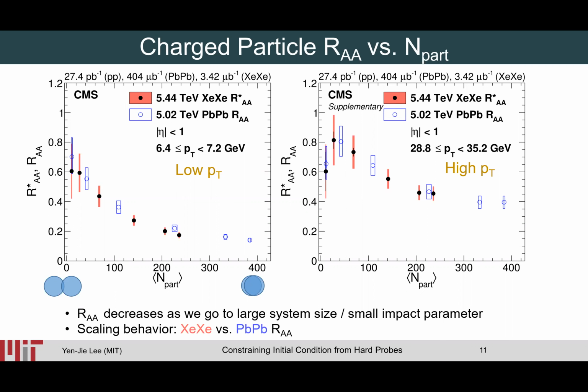Left-hand side is the peripheral events. And you can see this RAA value decreases as a function of Npart in both low pT and high pT cases. And interestingly, there are two collision systems taken at roughly the same center of mass energy. That is the xenon, which is shown as red, versus the blue, which is the lead-lead collisions. You can see interesting scaling behavior there.